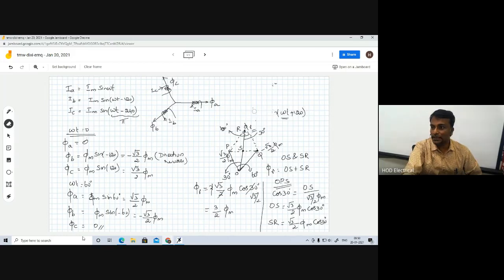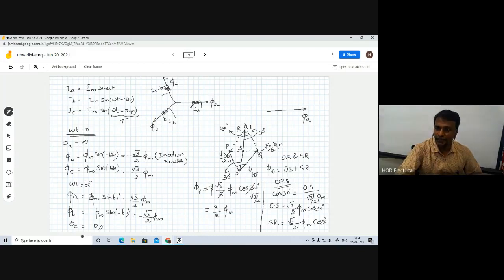If you draw the vectors as per this diagram, phi a is phi m into sine of 60 degrees, so phi a will be in this direction.